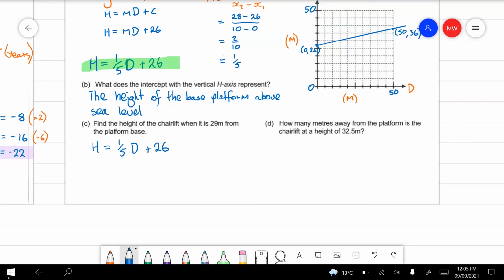And this time you are given the distance and you're trying to find the height. So it's just substitution. So the height is 31.8 meters.